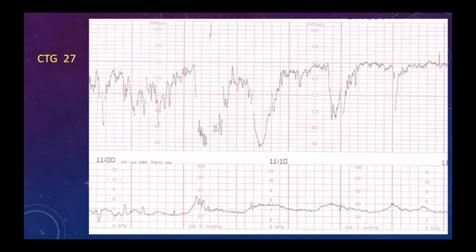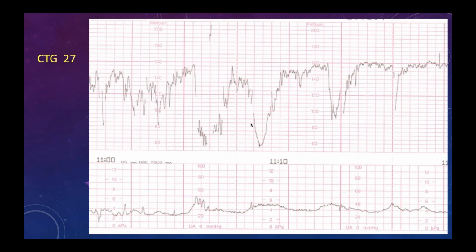Deep deceleration. Variability good. No shouldering. Yes, loss of variability. Long recovery. Yes, delayed recovery, no variability.